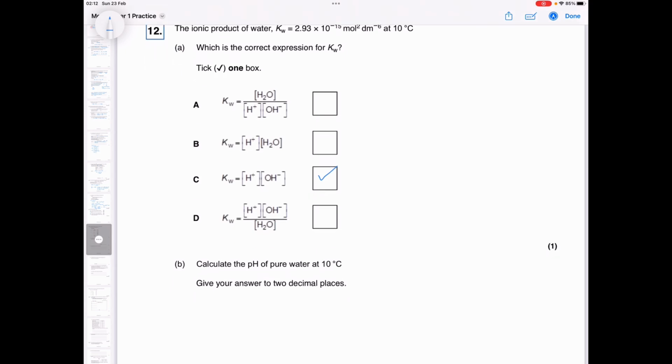So at 10 degrees C, H2O is in equilibrium with H plus and OH minus. The concentration of H plus is equal to the concentration of OH minus in pure water, so we can write Kw is equal to H plus squared. So the calculation for H plus is equal to square root Kw.